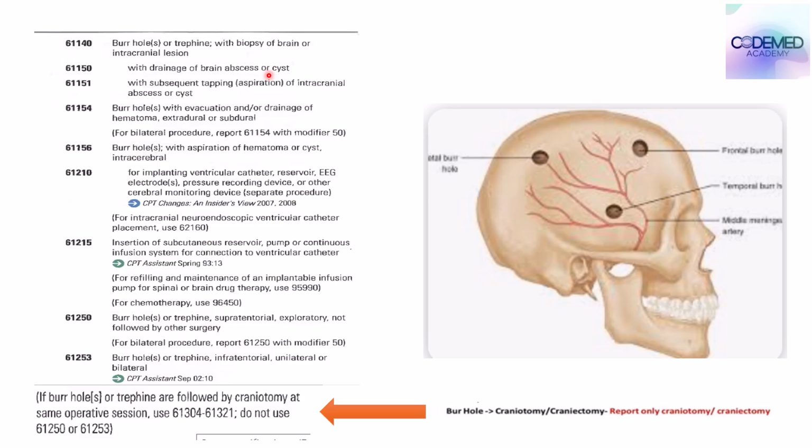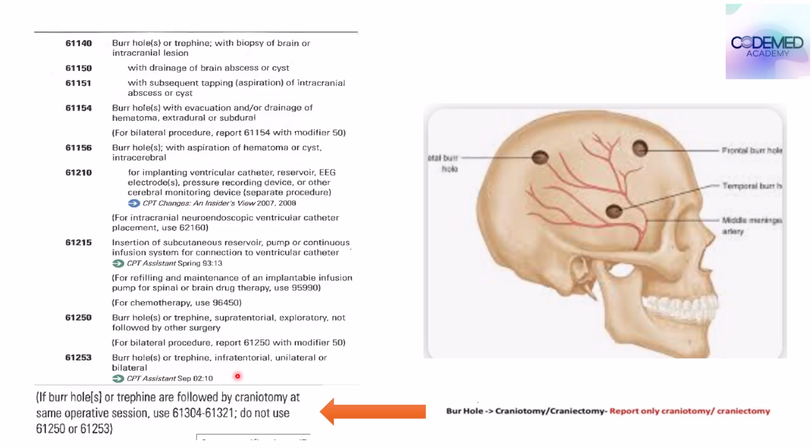What defines the code is basically, after doing the burr hole, what have you done? Have you used the burr hole for a biopsy, or for the drainage of a hematoma, or for the insertion of a pump, or for the aspiration of a cyst? That is very, very important.